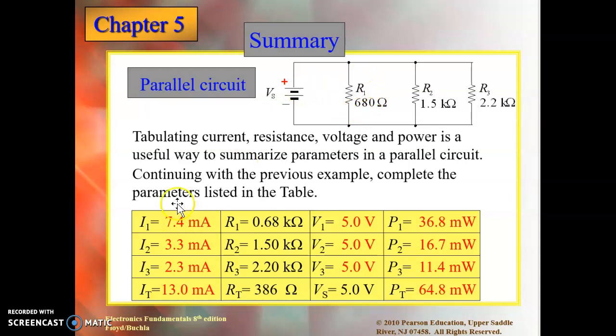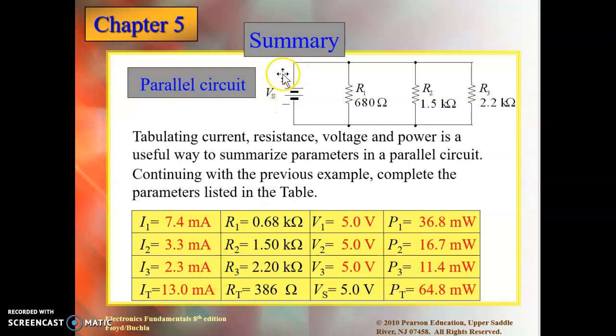Ohm's law says that current is voltage divided by resistance. That's why we know that the majority of the current is going to go through here. So 5 divided by 680, we get 7.4 milliamps. Then I2 should be higher than I3, because R2 is less than R3, so we get 3.3. For I3, we get 2.3 milliamps.